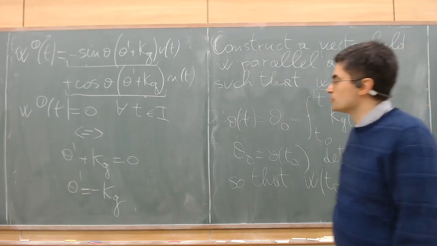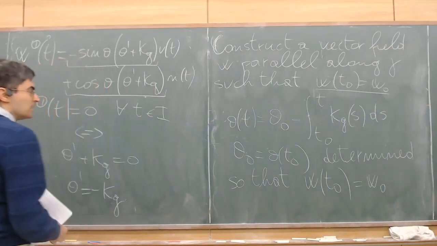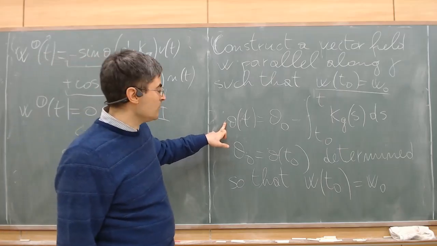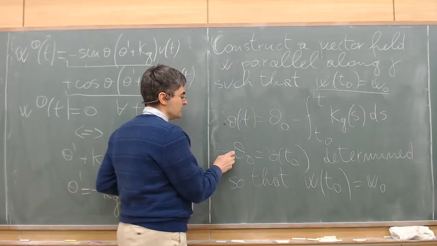The solution to this equation is unique. It follows from the fact that theta of t is unique once we determine theta 0.